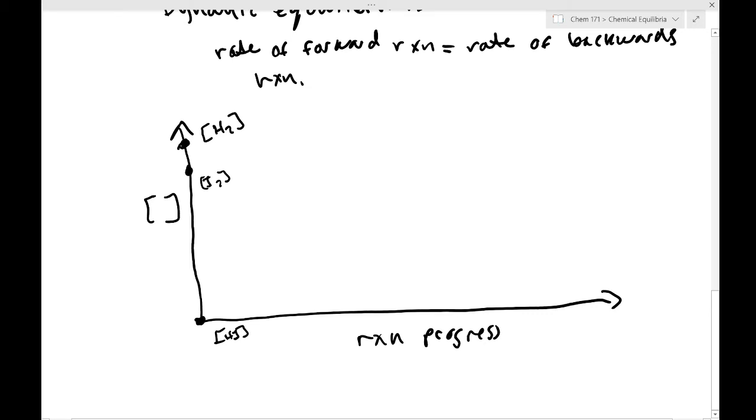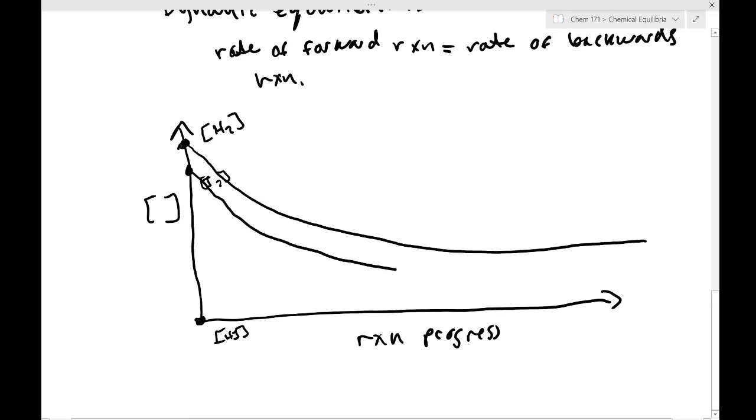There's been no HI made at time t equals 0. As this reaction progresses, hydrogen and iodine decrease, something like this. And iodine also decreases, something like that. And at the same time, HI increases.